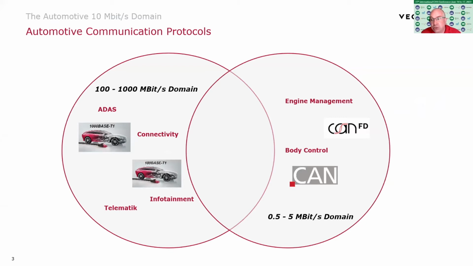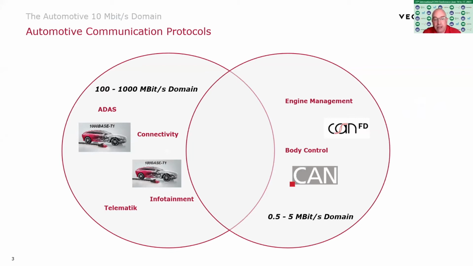Now, Ethernet today uses bit rates between 100 megabit and 1 gigabit for use cases such as ADAS or connectivity, while for classical embedded control use cases like engine management, still CAN or CAN-FD are widely used, providing bit rates up to 5 megabits.